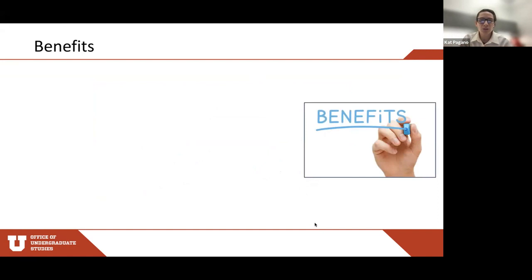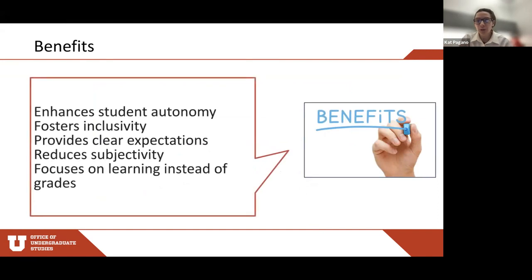Okay, so just to review some benefits from research and then also from what I've experienced is that autonomy, right? So students look at that pyramid and especially at the end of the semester, they say, well, how am I toggling between these grades? What do I want for myself? And it also gives them a little bit more transparency when it comes to what kind of work do I want to do?